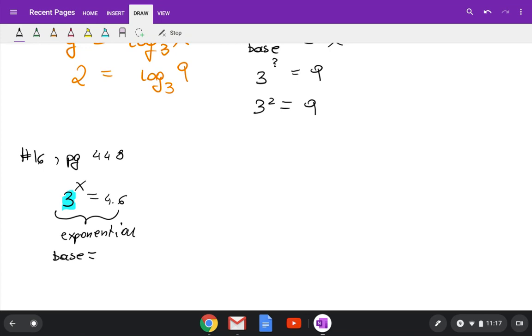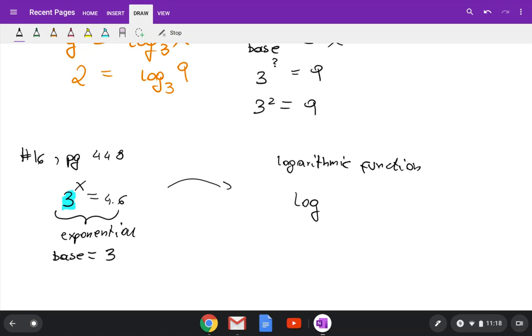The base is equal to 3. So now I have to switch and create an equivalent logarithmic function, which is the inverse of the exponential. So what do I know? I know that my logarithmic function has to have a base. What base are we going to have?